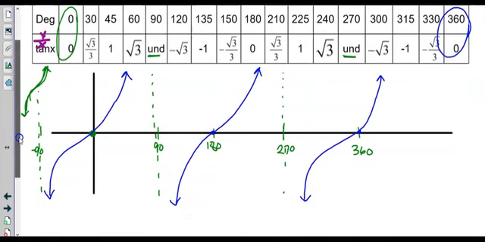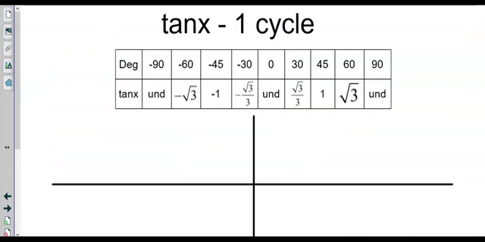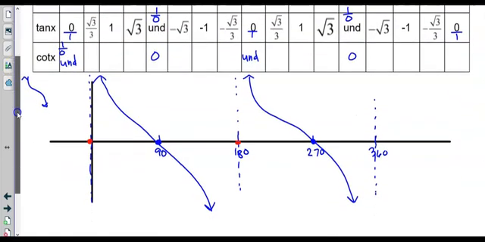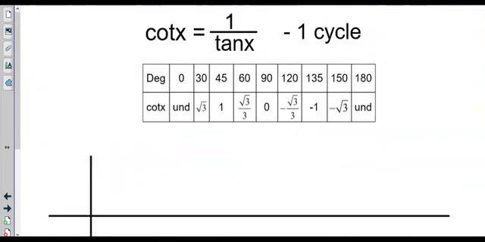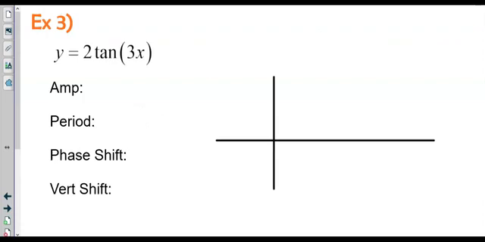So your asymptotes are at negative 90, 90. So your first graph happens between those two. And then for cotangent, between 0 and 180 is where your asymptotes are. And then you just sketch in your curves. So we'll do a couple examples and then we will finally be done with this.